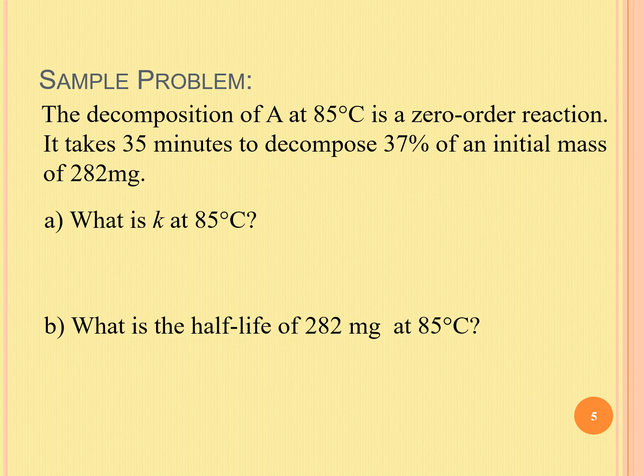Our last sample problem of this podcast says that the decomposition of A is zero order. It takes 35 minutes to decompose 37% of an initial mass of 282 milligrams. There's going to be a little trick in here that you're going to have to follow along with, but part A should be pretty straightforward.